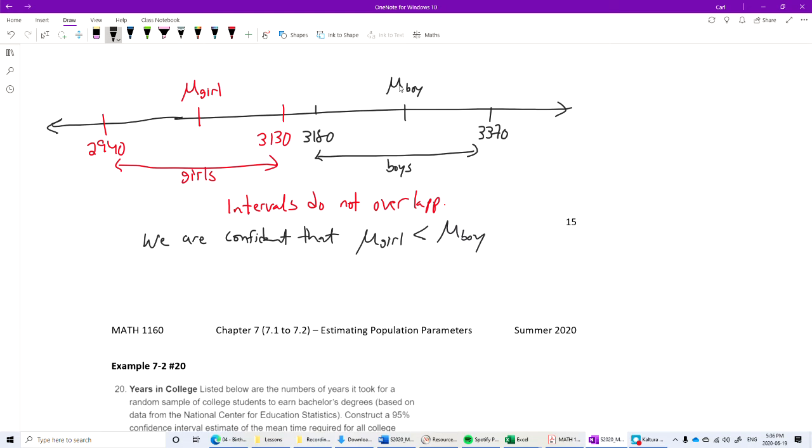Because to be greater than mu boy, it would have to be somewhere in this interval, and this would have to be somewhere in the lower end. But that's not going to happen because, well, it could, but it's most likely that mu girl is somewhere in this lower interval. So we're confident that there is a difference. I find that surprising.